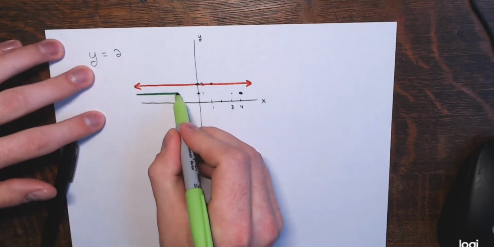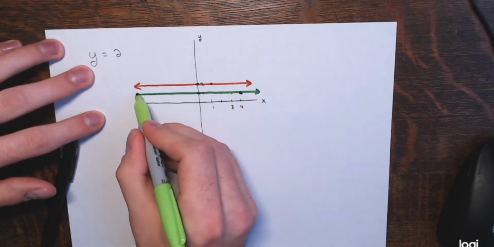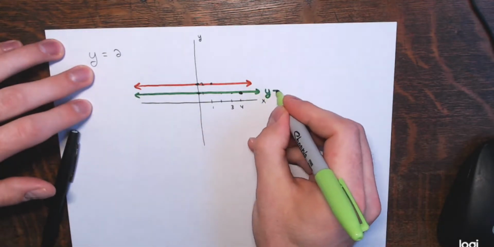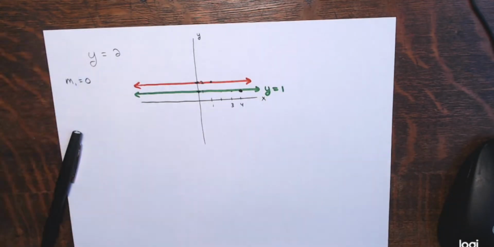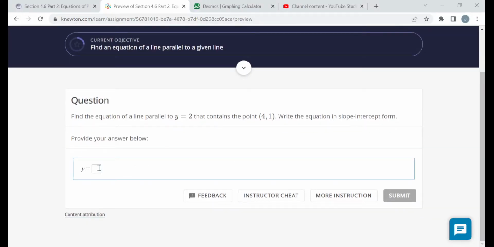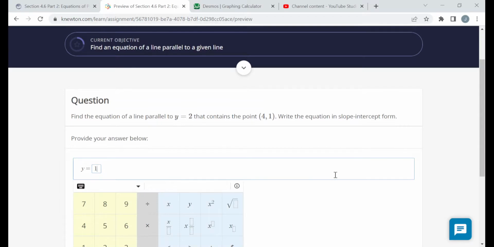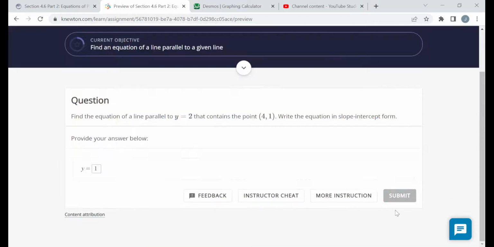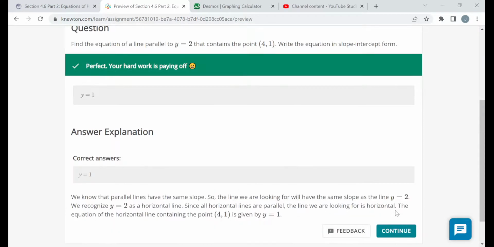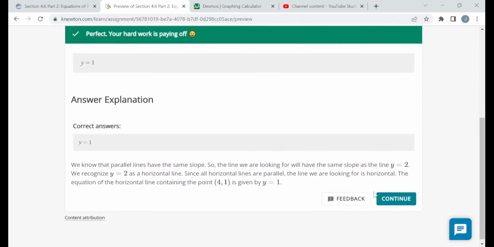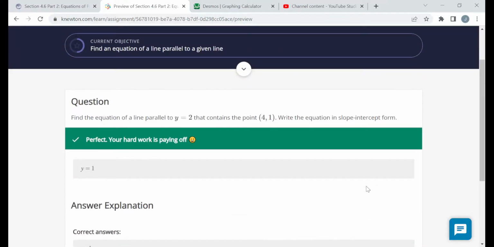Right, that's parallel to that one. And that would be the line y equals 1. Right, the y coordinate is 1 all the time. And that's all I'm putting. Y equals 1. So again, just pay attention to whether or not the word perpendicular or parallel shows up. That's going to make a big difference.